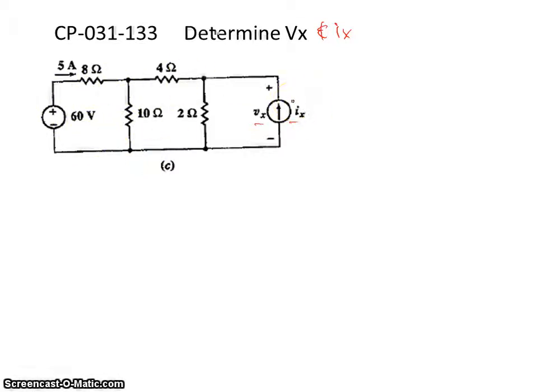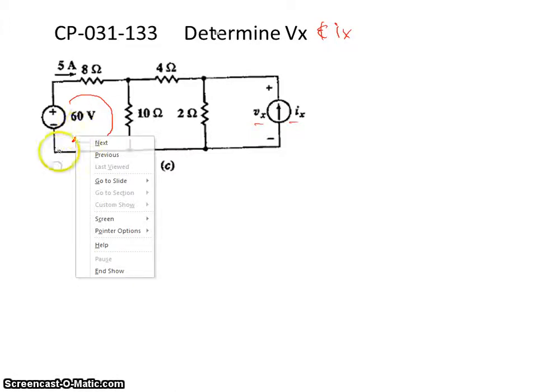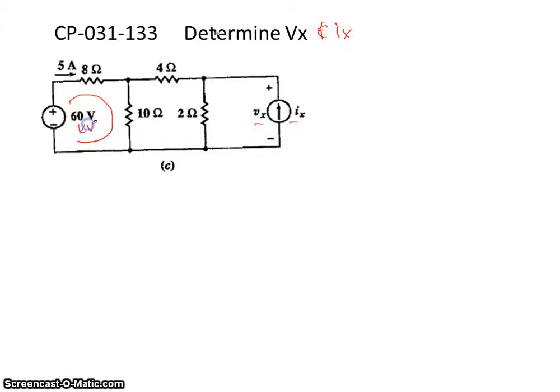I can see that if I write a Kirchhoff's voltage law equation around this loop, and I'm going to call this KVL1, I can then write the following equation: minus 60 volts plus 5 times 8 is 40 plus, and I'm going to just assume that this is v sub a, equals 0.